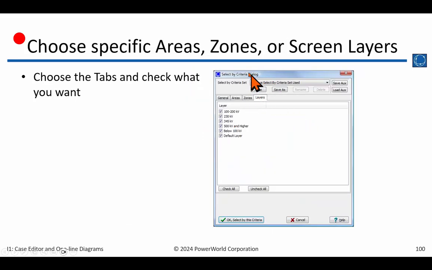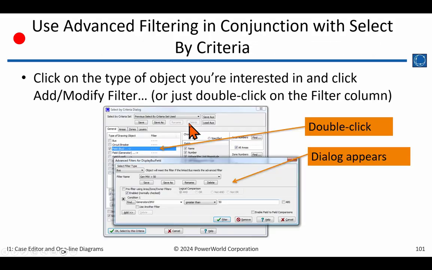You can also, again on the select by criteria dialog, filter by area, zone, or screen layer. On the screen layer one, it'll show you all the layers that you've created, plus the default layer, and you can pick objects that are only on selected layers if you want. You can also use advanced filters with a lot of different objects.